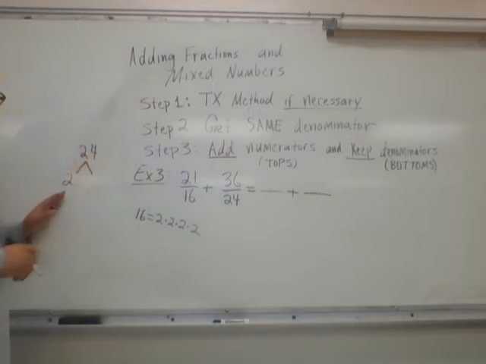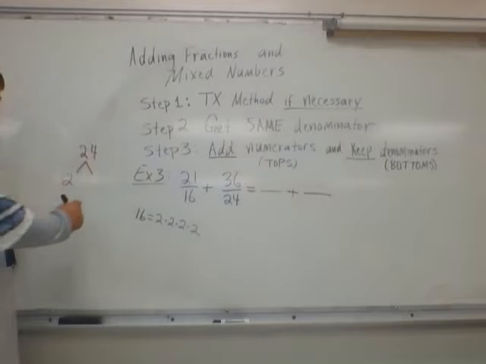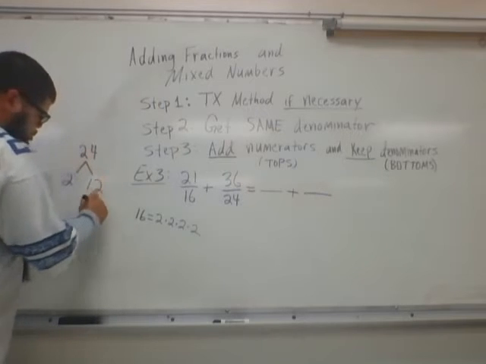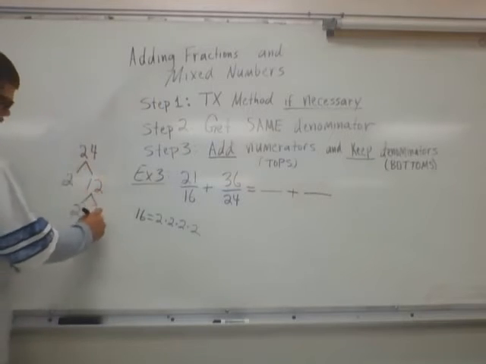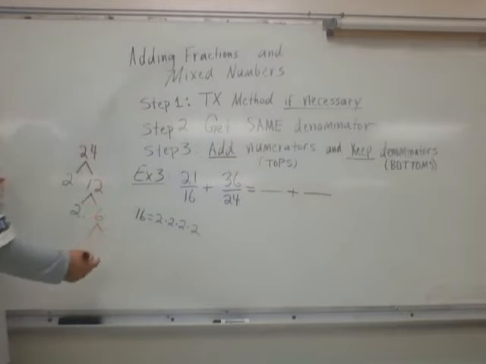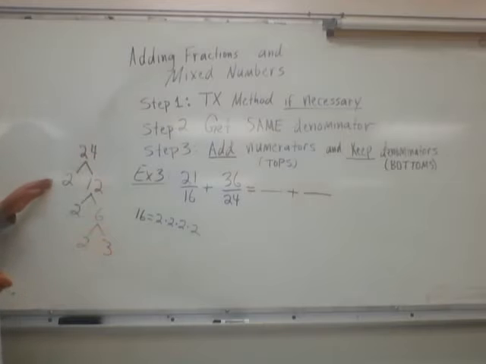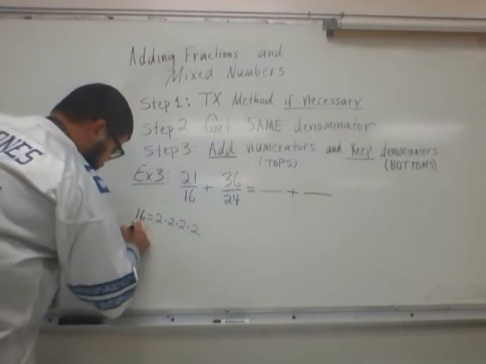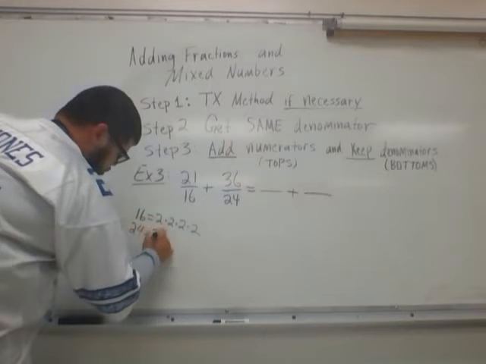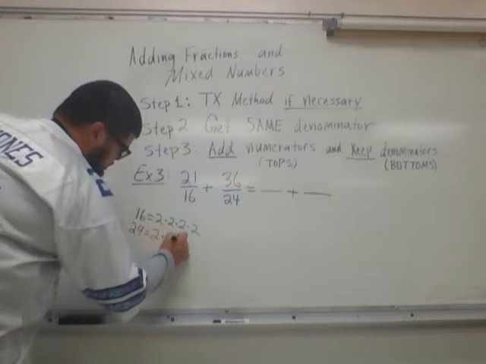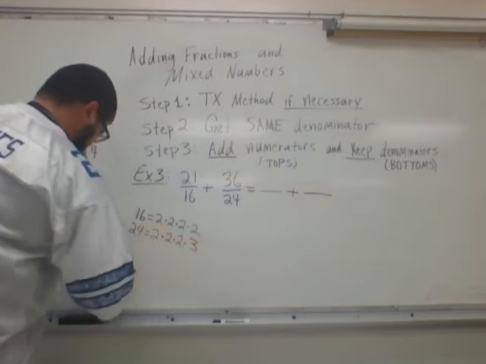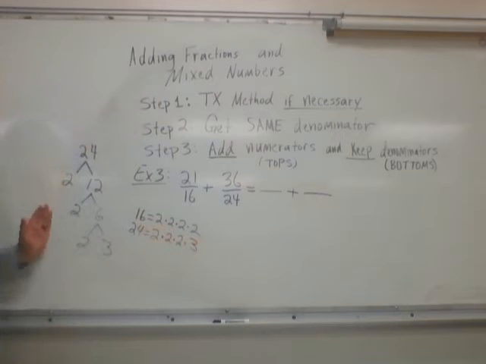Start with 2 again. 2 times what will give me 24? 12. 2 times what will give me 12? 6. 2 times what will give me 6? 3. So we end up with 2 times 2 times 2 times 3. So 24 is equal to 2 times 2 times 2 times 3. Again, we prime factor using our factor tree.